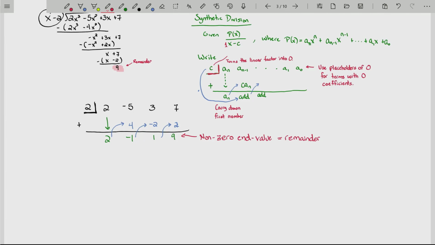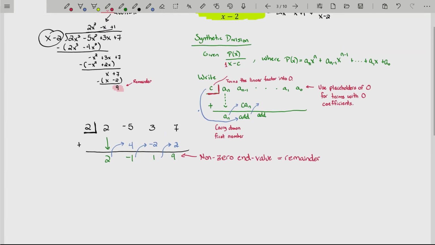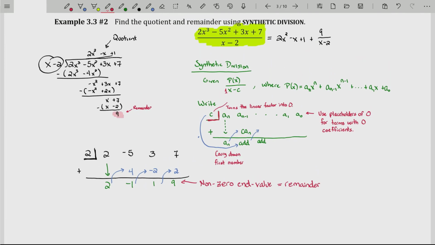The other things you need to note, the original polynomial, the original dividend, had a power of 3. When you do division by power of 1 on x, sorry, I said 2, I meant 3, because I already did the math in my head. All right, so the original dividend had a power of 3.